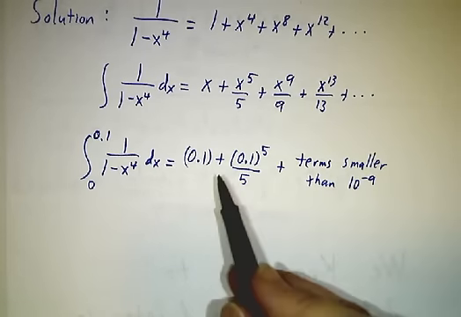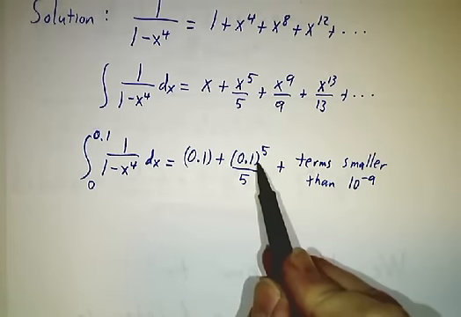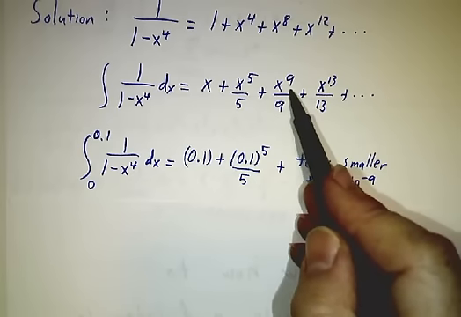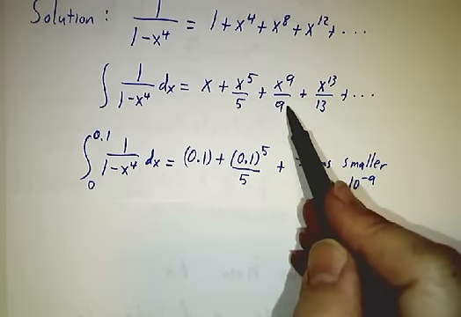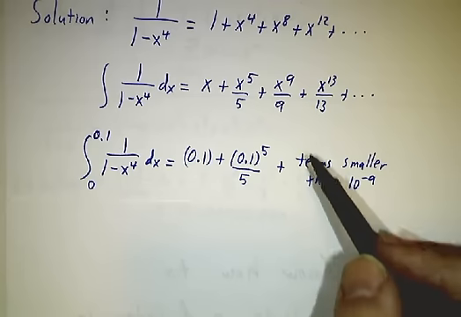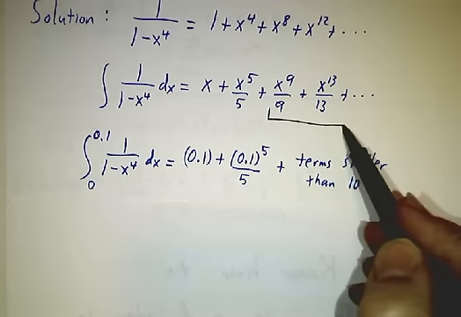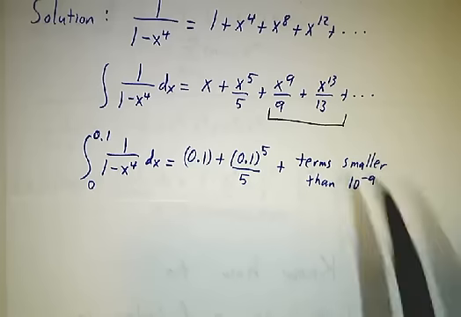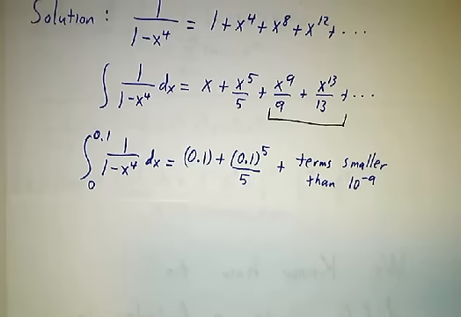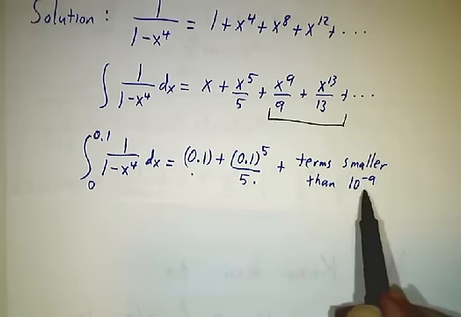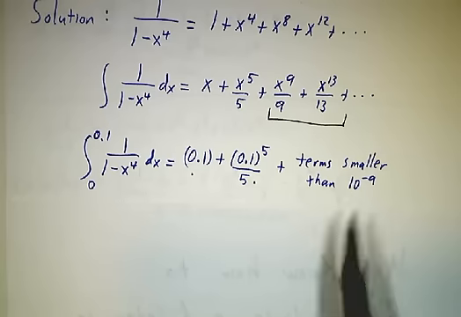And at 0.1, you get 0.1 plus 0.1 to the fifth over 5. And the next term is 0.1 to the ninth over 9. That is a 1 in the 10th decimal place. So if we ignore these things, not only are we going to be good to 6 decimal places, we're going to be good to 9 decimal places. All we need to do is take the first two terms, and then all the other ones are really, really small.